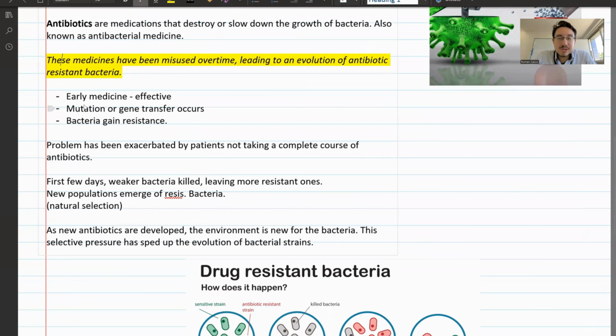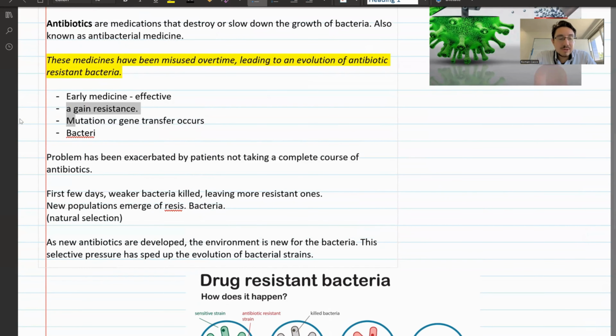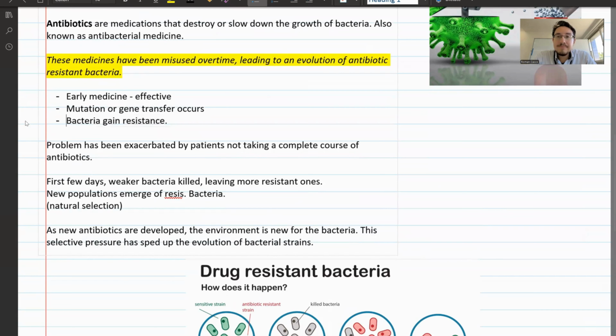So antibiotics were just killing the bacteria, making patients well again, but as time passed, certain bacteria were naturally getting resistant, right? These resistant bacteria would have some sequences of DNA that would be resistant to this particular molecule, and they would pass this gene to other bacteria.